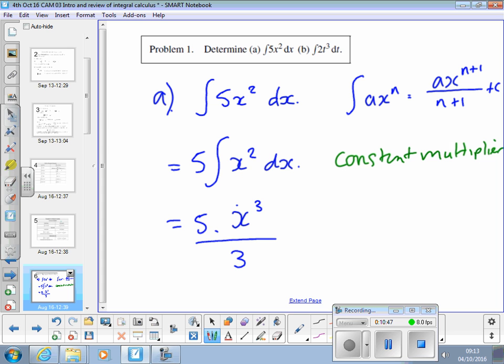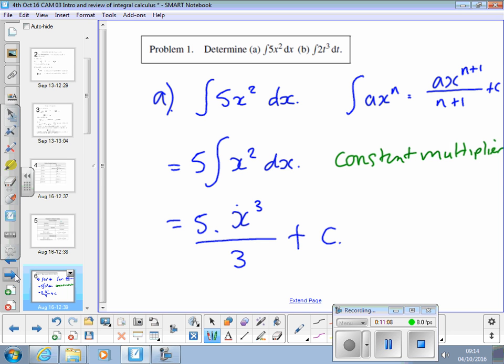What have I missed off? Plus c. So it's 5/3 of x cubed plus the constant of integration. All happy with that?